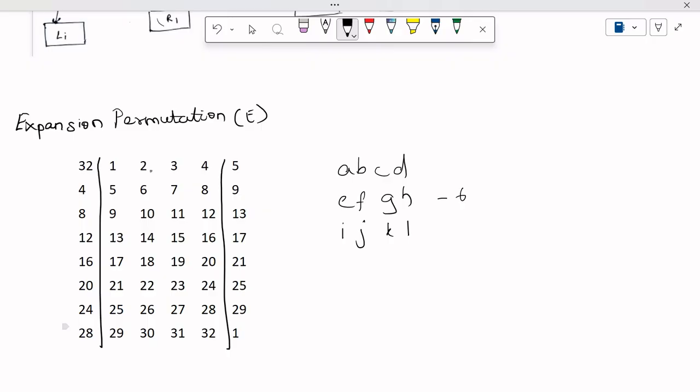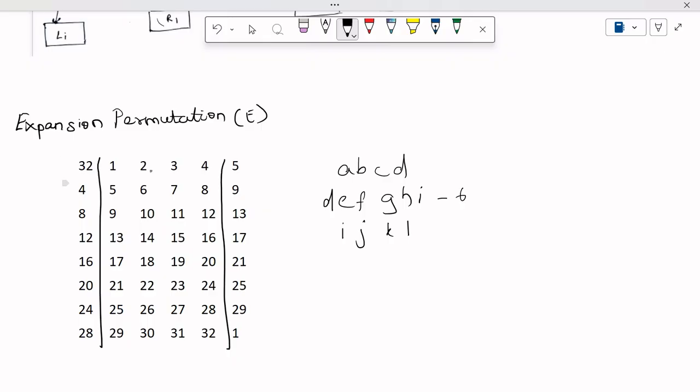I want to expand it to 48 bits, so I need to append 2 bits to each and every block. So it will be 6 into 8, which is 48. Each 4 bits should be expanded to 6 bits. That is what we are doing here. How is it expanded? Each block is appended with the last bit of the previous block, that is D, and the first bit of the next block. So here, consider this block.